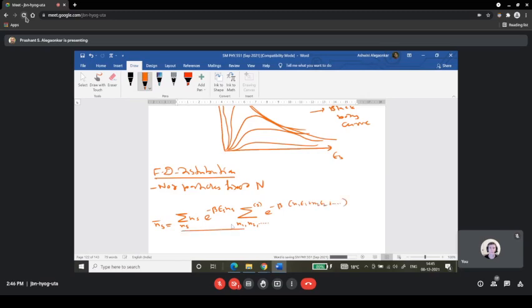This is whole divided by summation over n1, n2, e raised to minus beta n1 epsilon 1 plus n2 epsilon 2 and so on. This will be the thing which comes into the picture.